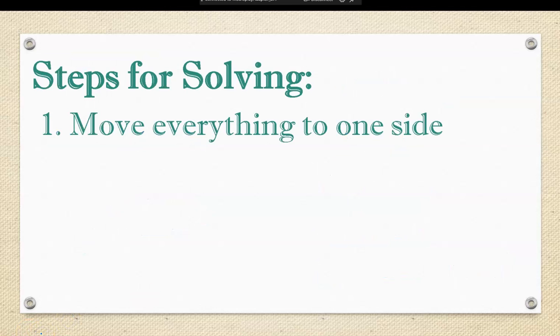Okay, so steps for solving, as we are solving today. The first thing we have to do is move everything to one side. So you're going to make your equation equal 0. Let's think why this is important. If we are solving for x today, what's the point? Why do we keep trying to find x? In the math world, why do we want to keep finding x?